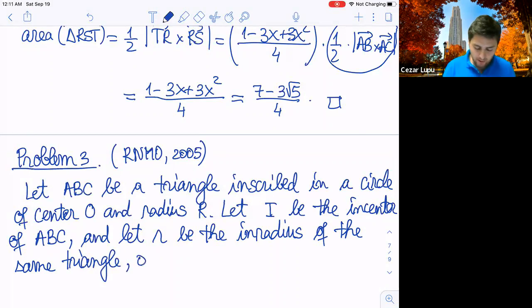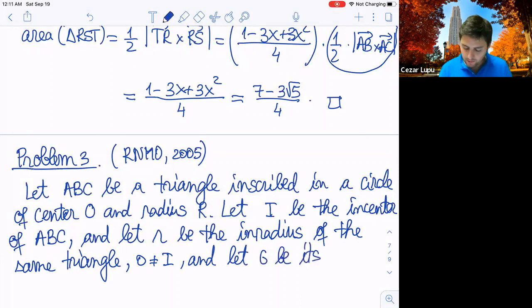O is different than I, and let G be its centroid.